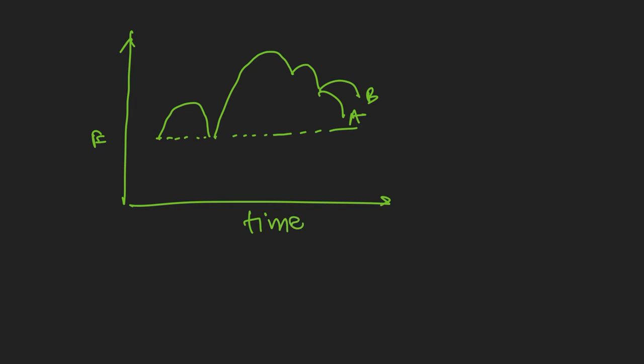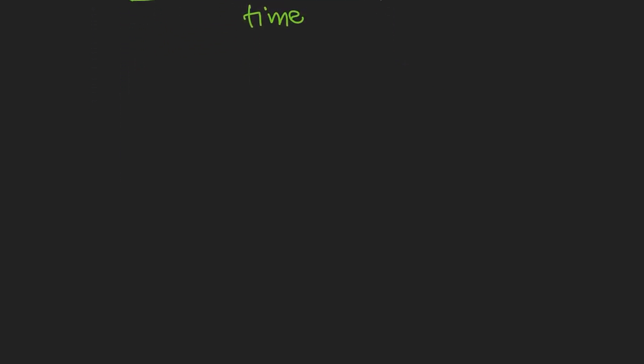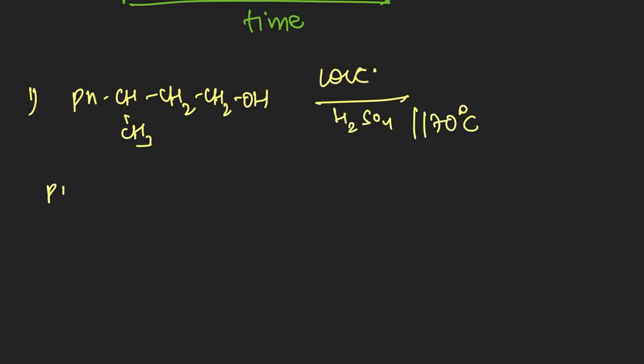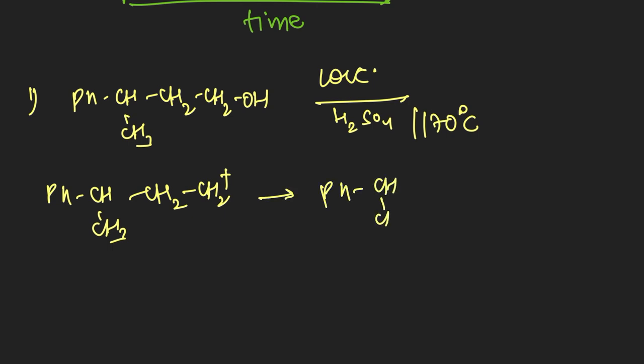Let's draw an energy diagram for one more compound. First we have PhCH(CH3)CH2CH2OH with concentrated H2SO4 at 170 degrees Celsius. It will form PhCH(CH3)CH2CH2 plus. The carbocation will rearrange to CH plus and CH3.